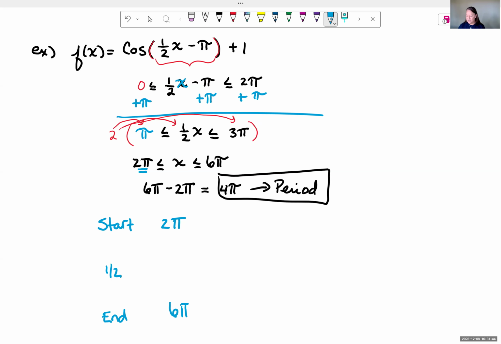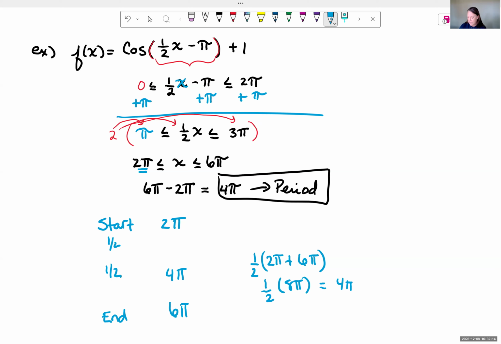Sometimes they're easy to see, sometimes they're not. If you can't see it, you're going to take your start value, 2 pi, plus your end value, 6 pi, and divide that by 2, or think of it as multiplying by 1/2. So 1/2 times 2 plus 6, that's 8 pi. So this is equal to 4 pi. So I know that the halfway mark in between that period is 4 pi.